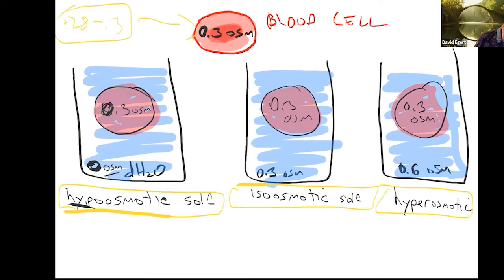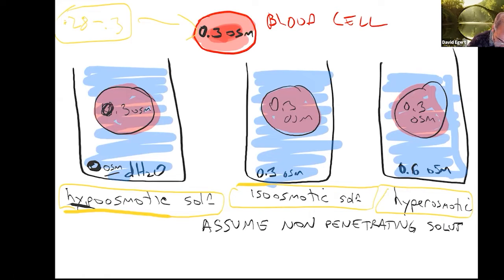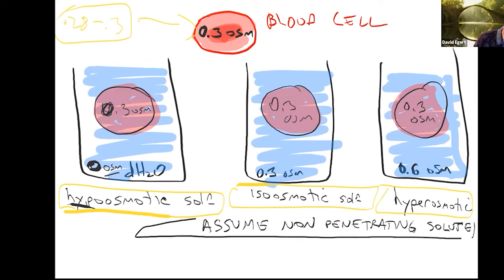So back to this picture, let's assume non-penetrating solutes. Assume whatever is making the osmolarity inside and the osmolarity outside cannot cross the membrane, and they're locked on either inside or outside of the cell. This is not always a good assumption.